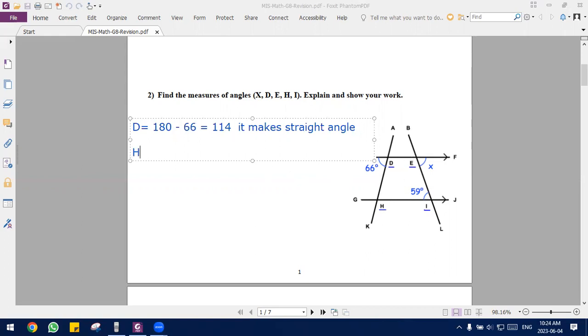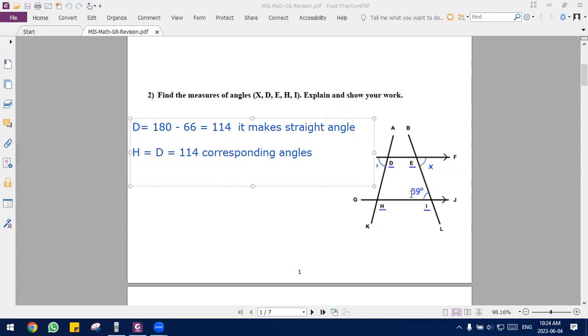So we can say that H is equal to D, which is equal to 114 degrees. And then we say that it's corresponding angles. We know that corresponding angles are equal.